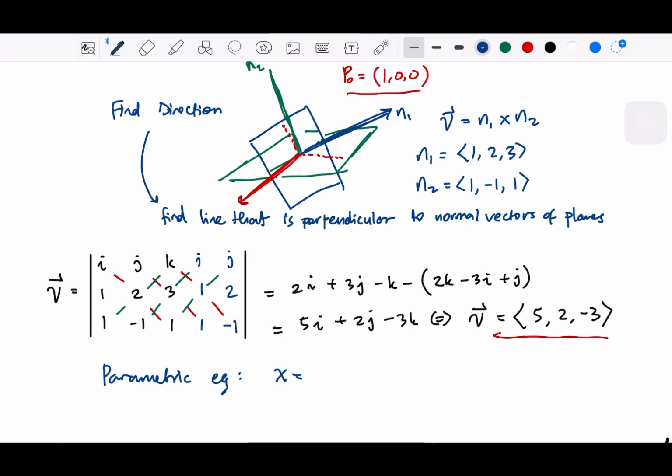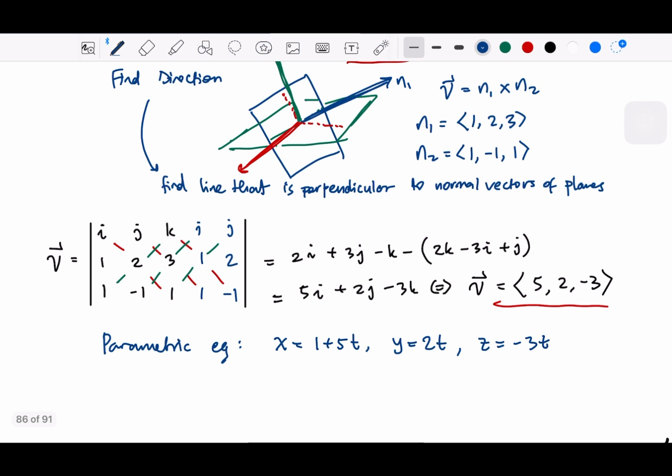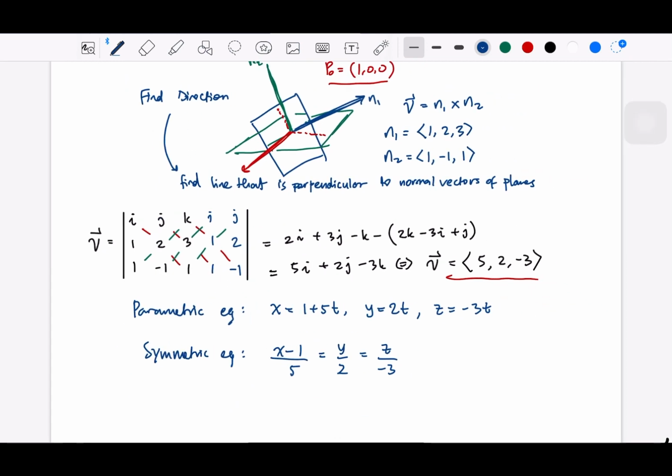So x is 1 plus 5t, y is 2t, and z is negative 3t. And the symmetric equations are x minus 1 over 5 for the x part, then y over 2, and then z over negative 3. And that's how we get it.